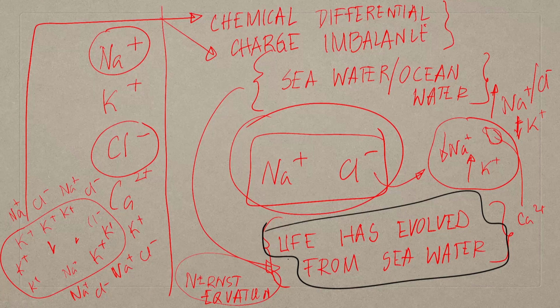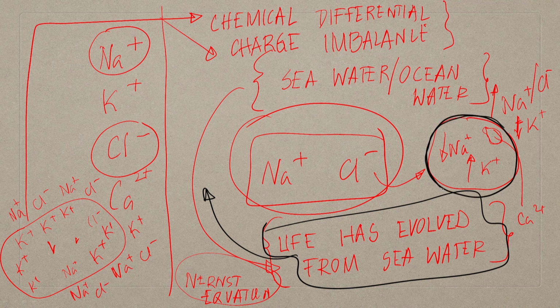There are theories for it, but this is not the purview of this class, so I will not discuss that. But these are some of the interesting things of nature. So now, assuming life has evolved from there, life has to develop a chamber which will not have that much sodium, and that's how possibly the cell has arrived.